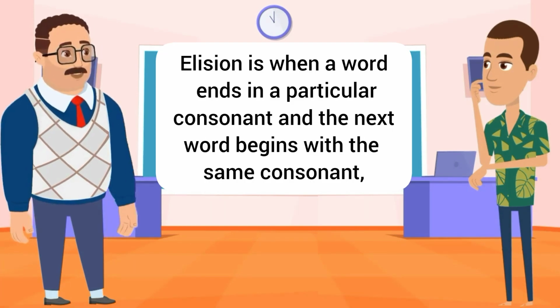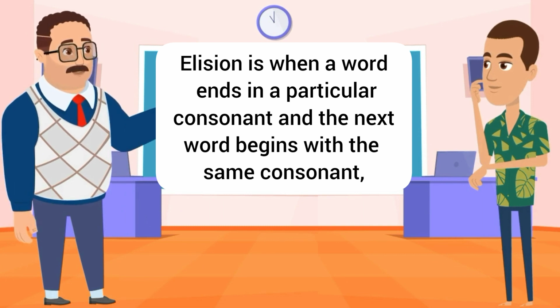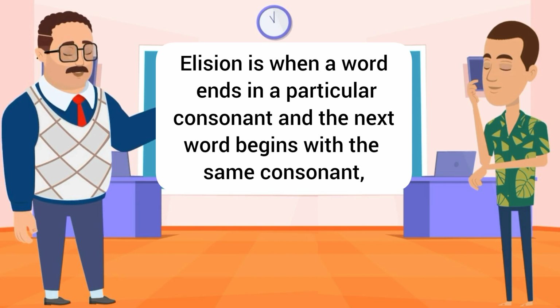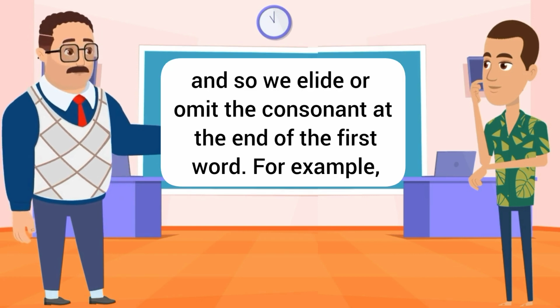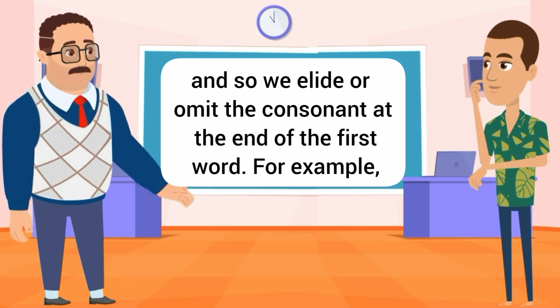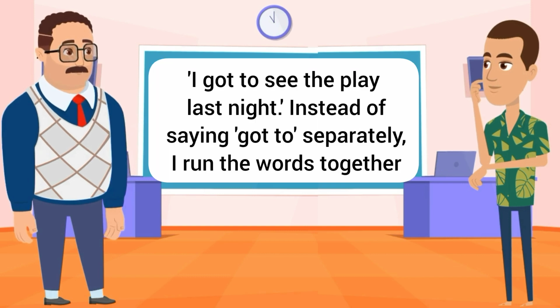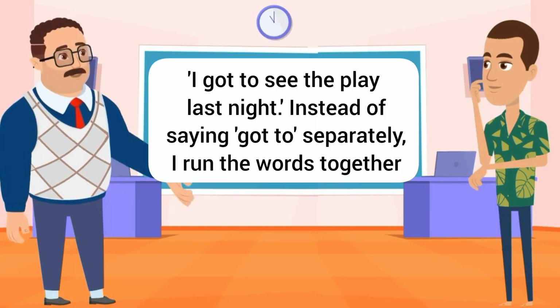Wasopen. Elision is when a word ends in a particular consonant and the next word begins with the same consonant, and so we elide or omit the consonant at the end of the first word. For example, I got to see the play last night.